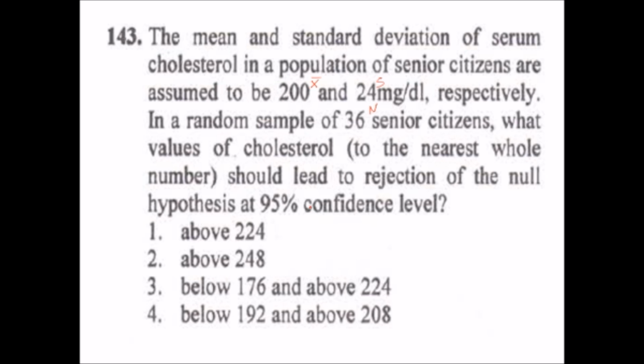for the rejection, the value of the cholesterol level should be either greater than the mean minus error, or less than the mean plus error. Here the mean is given, and we have to find the error. The formula for error is z into standard deviation divided by the square root of the sample size.